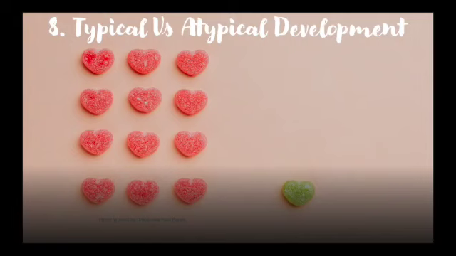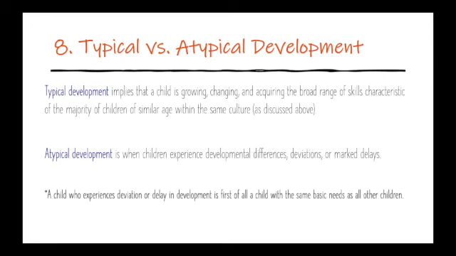And the eighth and final principle we'll look at today is to consider the idea of typical versus atypical development. What does it mean to compare typical versus atypical? In terms of child development, typical development implies that the child's growing, changing, and acquiring that broad range of skills that we'll talk about in the same sequence and norms that most children in their similar age range will develop.